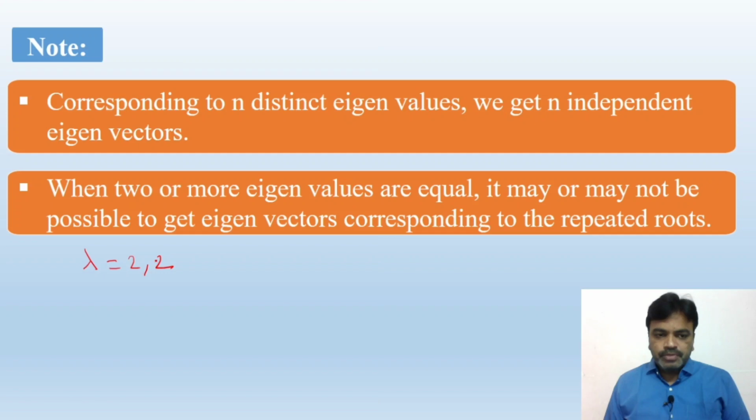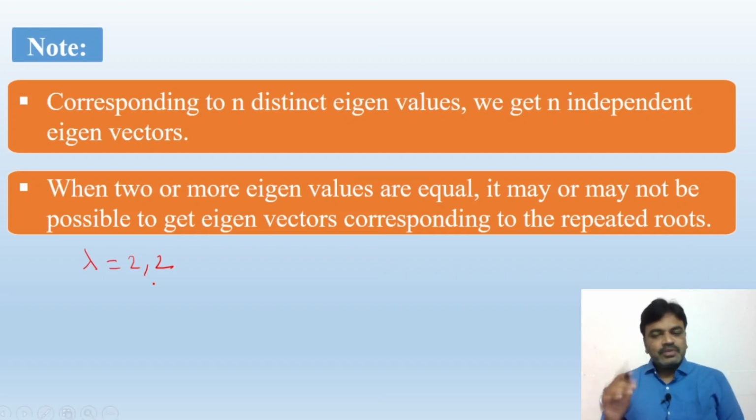For these two repeated roots, sometimes we may get one eigenvector, and sometimes we may get 2 eigenvectors, friends. Once again, this is the meaning: when 2 or more eigenvalues are equal, it may or may not be possible to get eigenvectors corresponding to repeated roots.